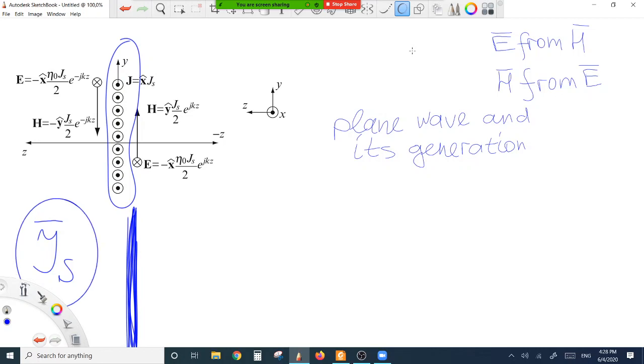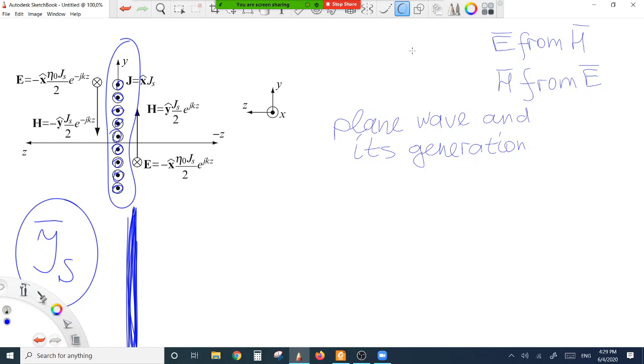In order to do this, we may use a stack of infinite wires. So infinite wires are stacked one onto another, and in this principle we may get an infinite sheet with a total line current density of Js.